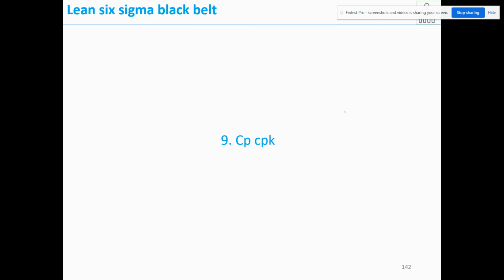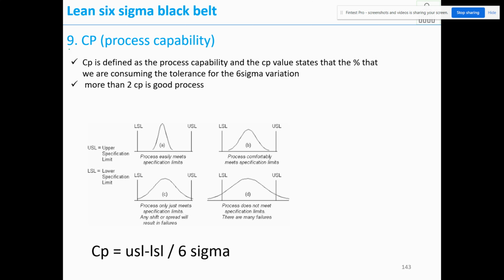So next, let us go to CPK. First, let us see CP. CP is known as process capability. The CP value states the percentage of the tolerance that we are consuming for the Six Sigma variation. A CP of more than 2 is a good process.